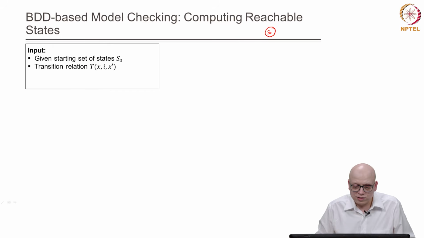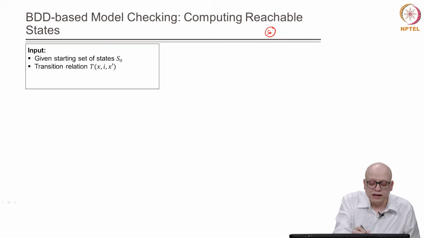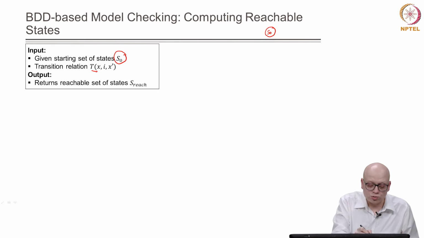Okay. So, let us look into pseudo code of how the reachable set of states can be computed from a given starting set of states S0 and the given transition relation T. This pseudo code will return the reachable set of states, S reach.